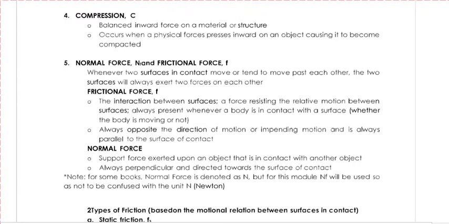So, frictional force is always opposite the direction of motion or impending motion and is always parallel to the surface of contact. Okay? Always parallel. So, for example, kung ang motion sa imo is to the right, ang representation sang imo frictional force is pabalik, opposite kada permi.